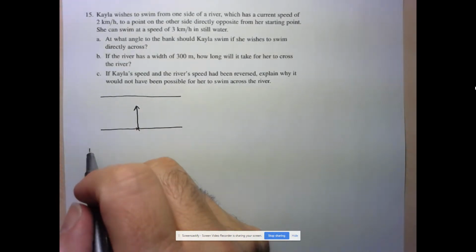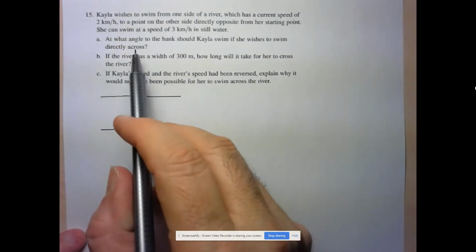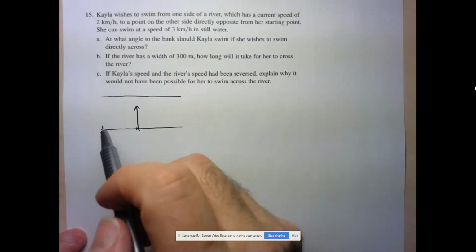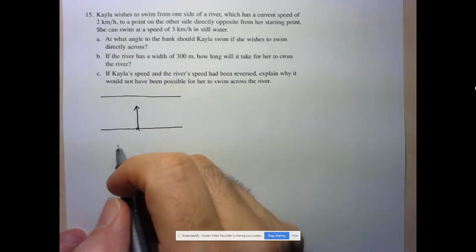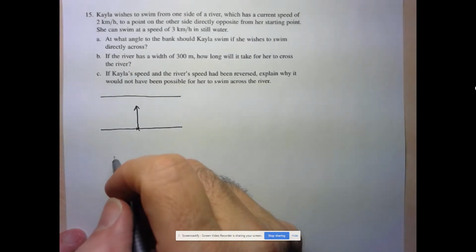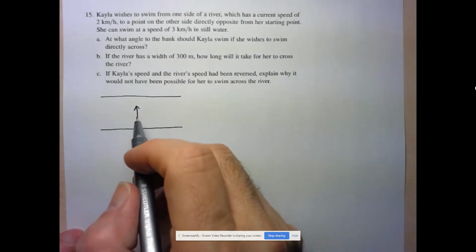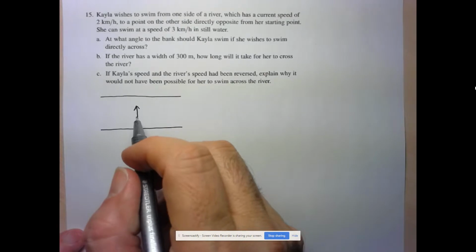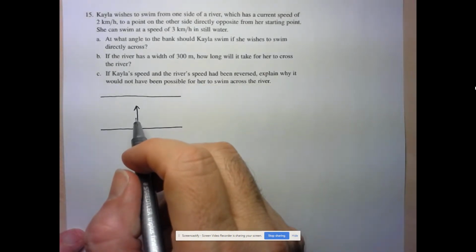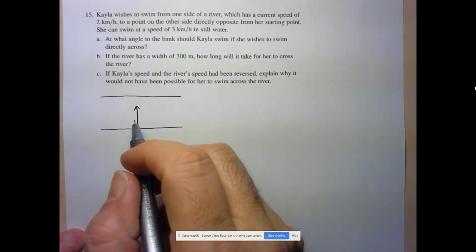What they want us to figure out is at what angle should she actually be pointing when she swims. So what we want to do is add up the two vectors that are going to give us this resultant velocity, the vector representing where she's swimming and the vector representing the current.